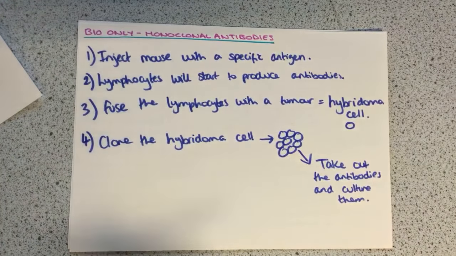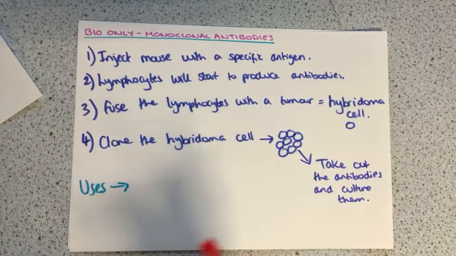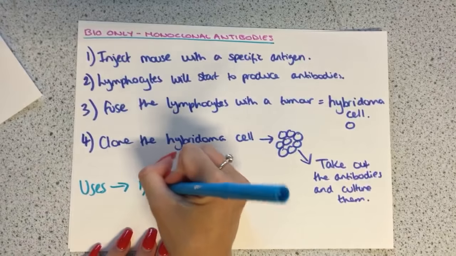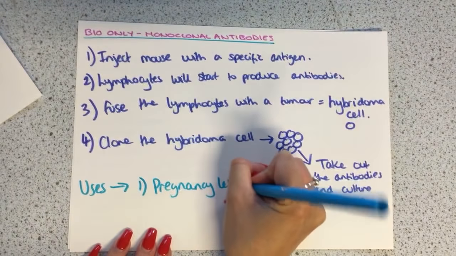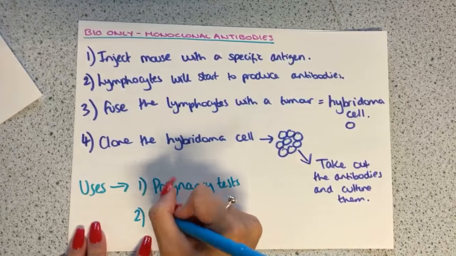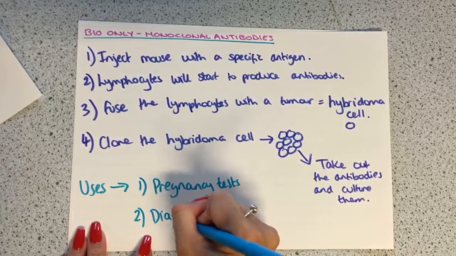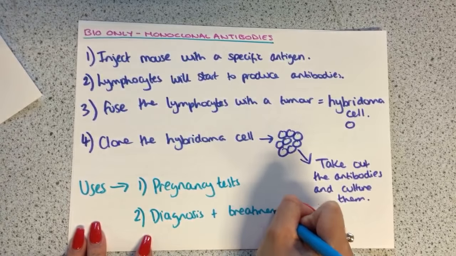So different uses. Firstly, we've talked quite a bit about them being used in pregnancy tests. And then they can also be used in the diagnosis and treatment of diseases.